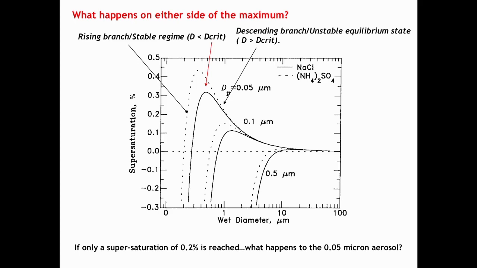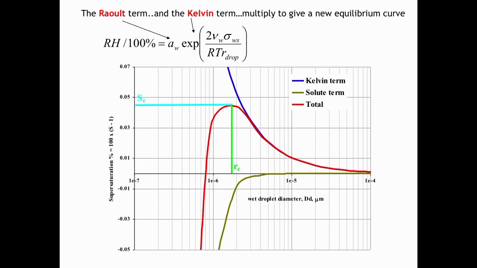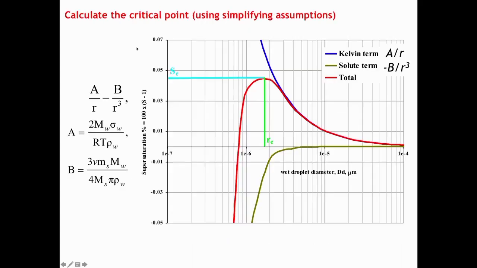So you see from this expression, I've gone back a slide here, this is the true expression for the Kohler equation. But you can make an approximation to the Kohler equation such that the saturation ratio is given by A over R minus B over R cubed.